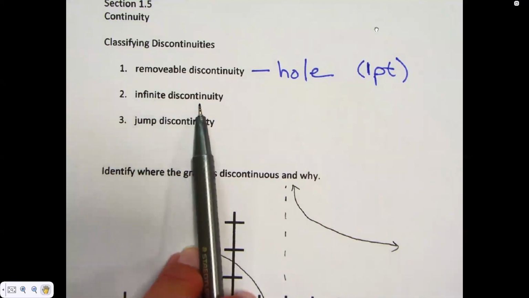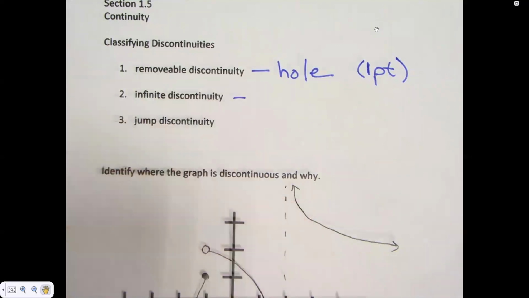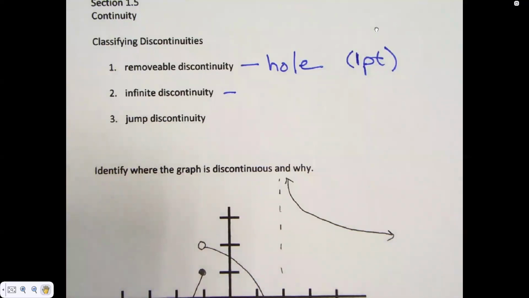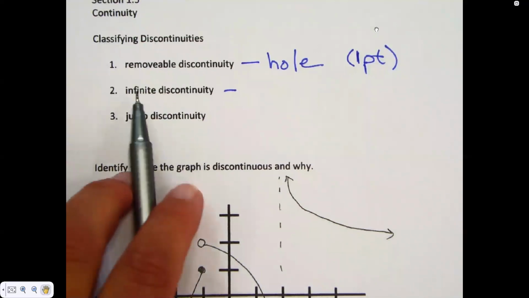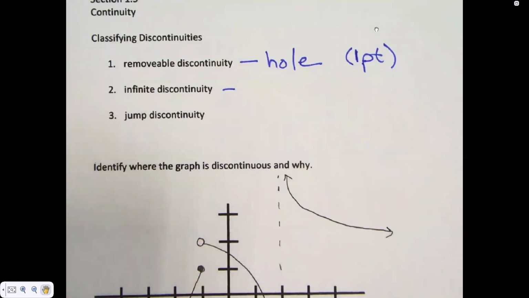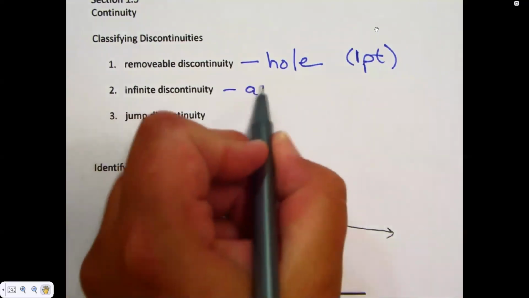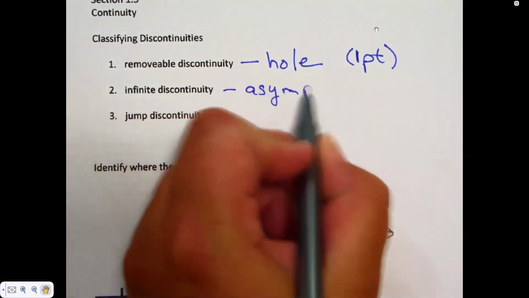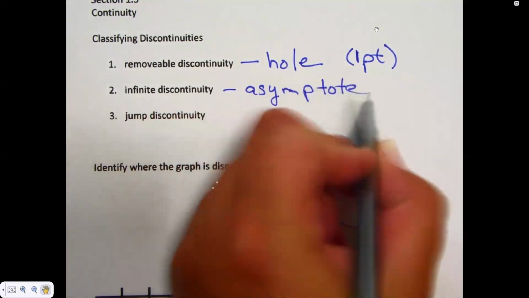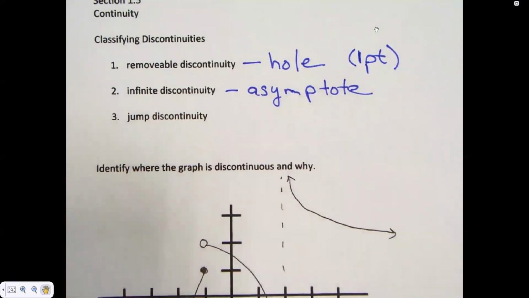Infinite discontinuity, I hardly ever call it that. I guess that's its official name, but that is the asymptote. Infinite kind of makes sense, right? Because it means the graph is going up forever or down forever. So that's why they call it infinite. But that's nothing more than the asymptote. And then the jump, maybe that we haven't seen. The jump is where there's actually a space in the graph.